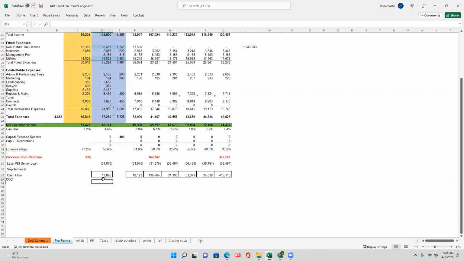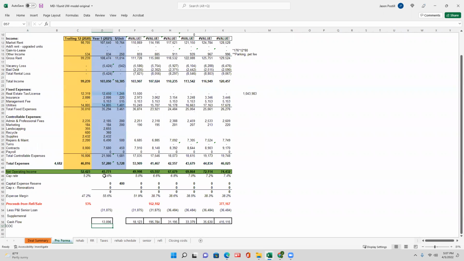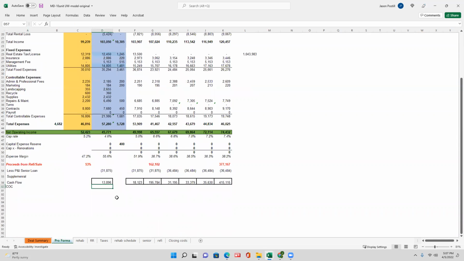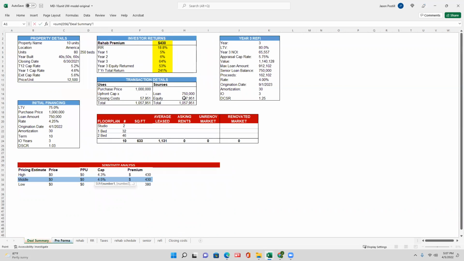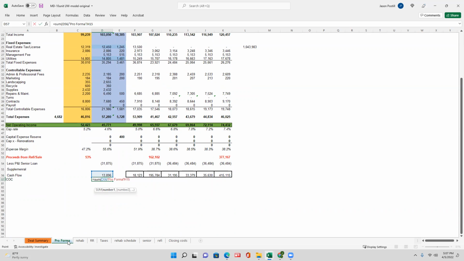You want to find out what your cash on cash return is. Year one, it's going to be equals the sum of this number, the cash flow, divided by, what was that number? 371 divided by that. And you can just hit that.